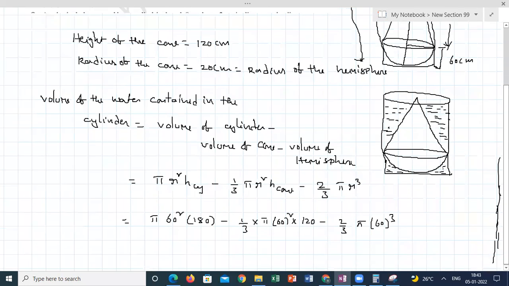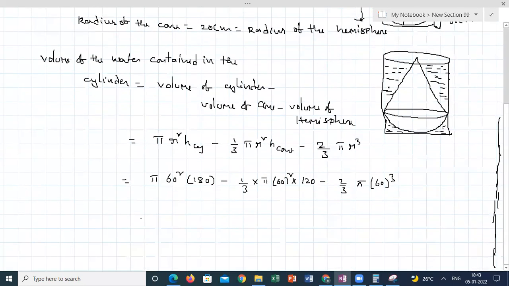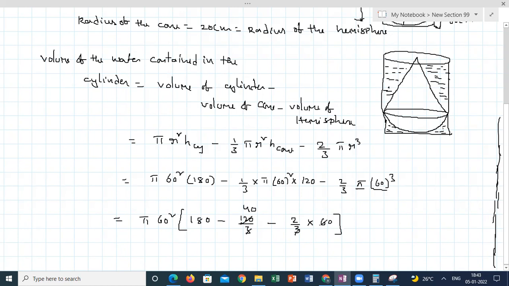To make the calculation a little bit easy, I am taking pi 60 square common. So it will remain 180 minus 120/3 minus 2/3 into 60. This is 3600 pi, 180 minus 40 minus 40. This will be 3600 pi into 100.